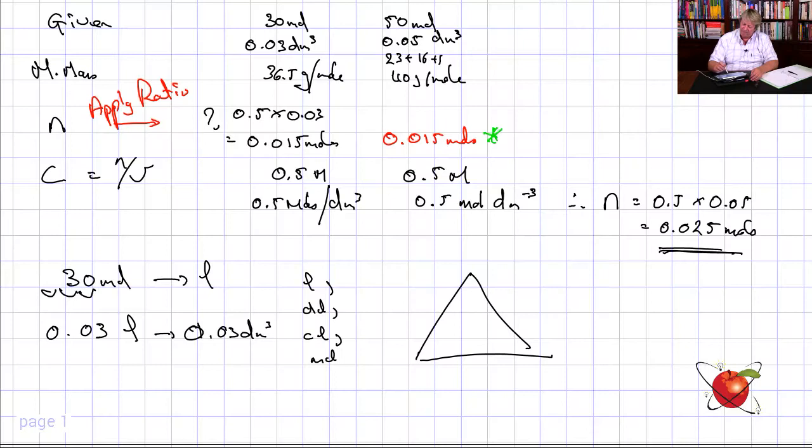All you've got to do is go back to this point here, and look for the limiting reactant, right?